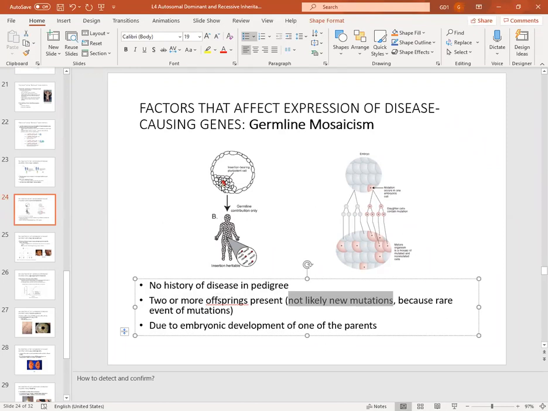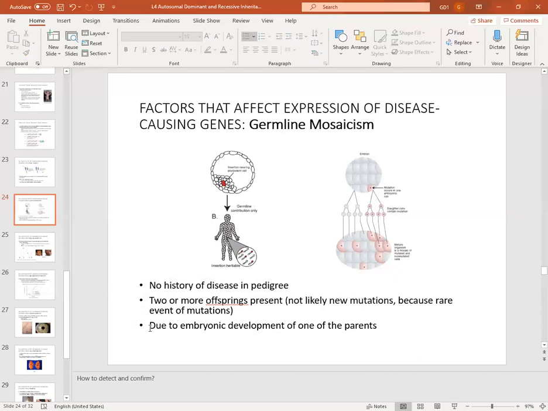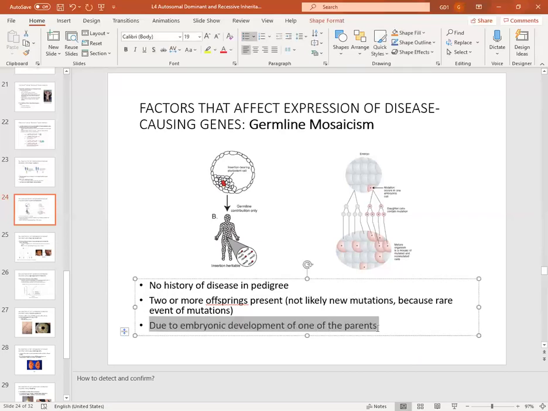So that is related to the germ cell population of the father. He already has the mutation, and maybe a portion of the sperm have this mutation. Some are normal and some are abnormal, and that also increases the frequency of the mutation in the next generation. This is because of the embryonic development of the parent. So remember, it's different from the new mutation.